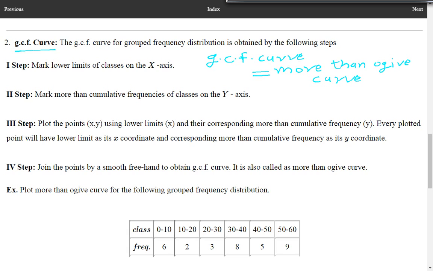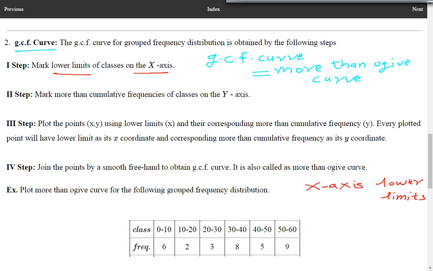Then, to obtain this ogive curve, on the x-axis we have to plot lower limits.